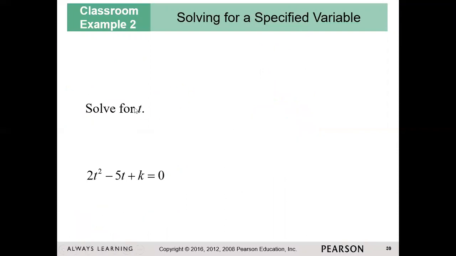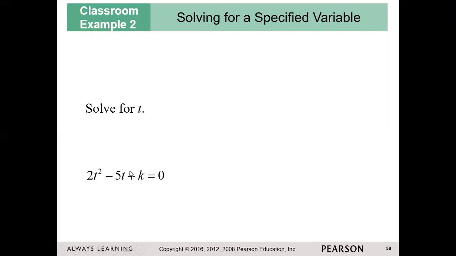All right, so this one's kind of neat for a lot of students because at first glance, they look at this and they say, I have too many variables, right? We've never really dealt with a quadratic that has a multivariable situation, right? And so far in this lecture, everything that was in the equations was factorable.